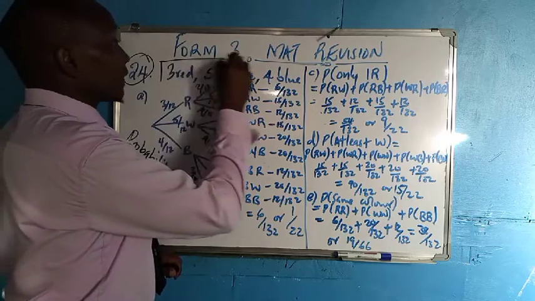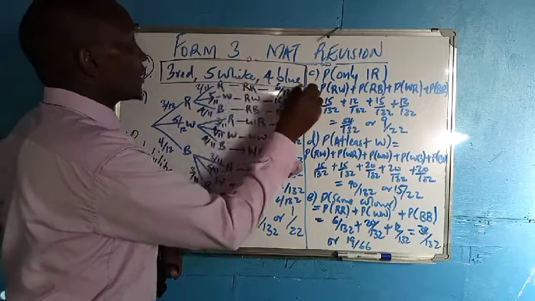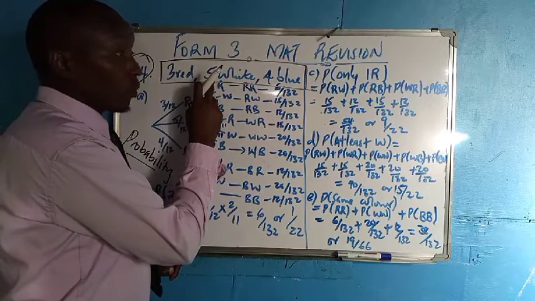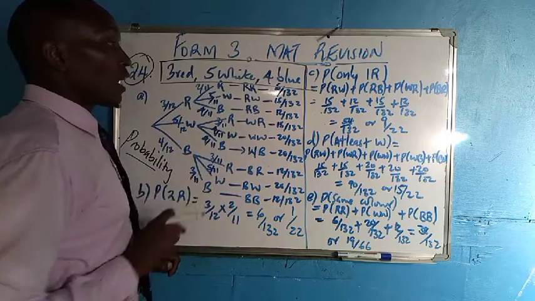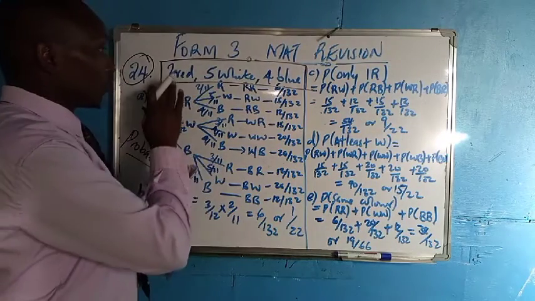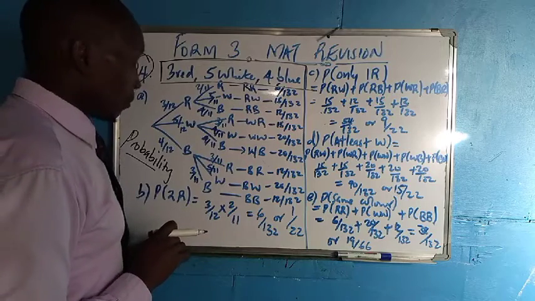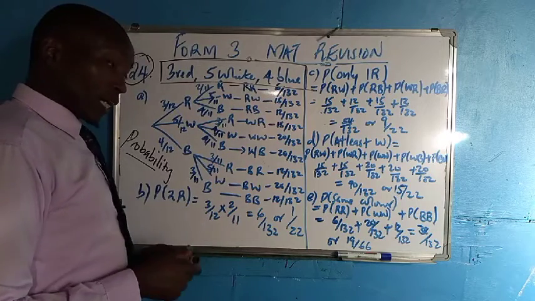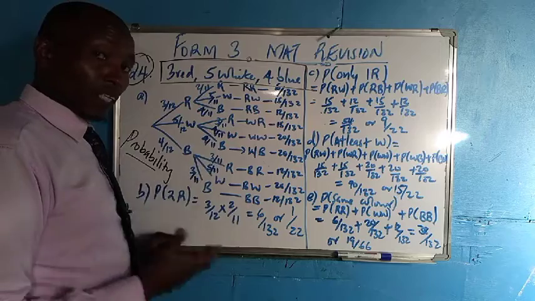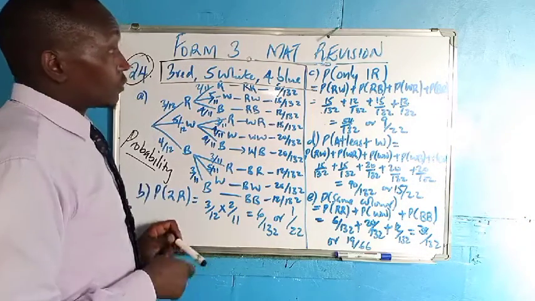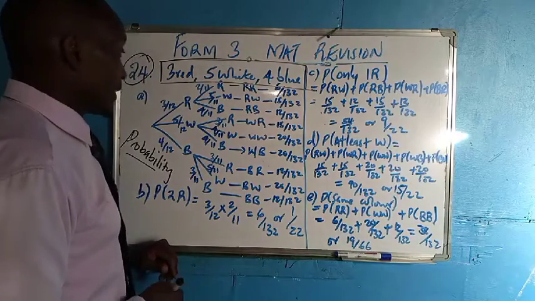You're given that there is a bag that has 3 red balls, 5 white balls, and 4 blue balls. Now, remember, all these balls are identical. Chances of picking any single ball are the same. So there's no bias in this case.